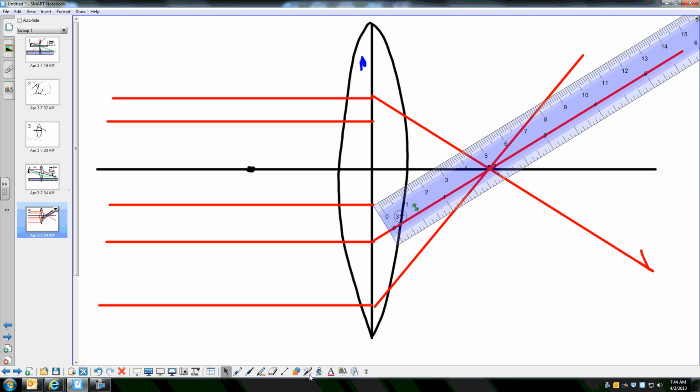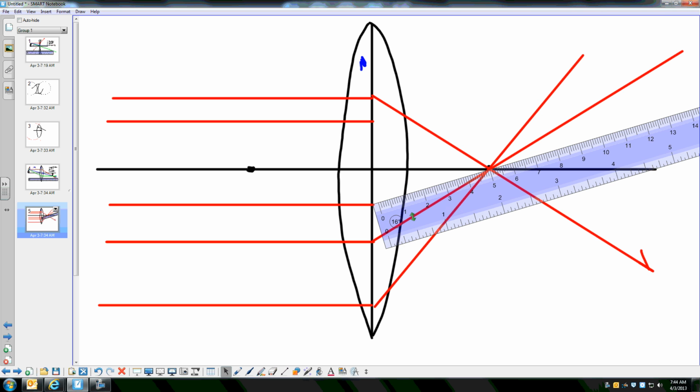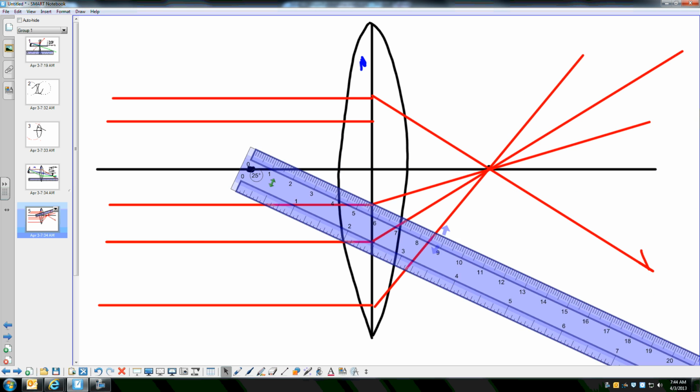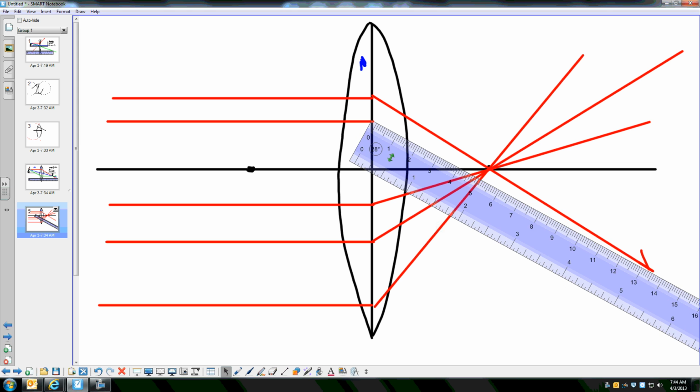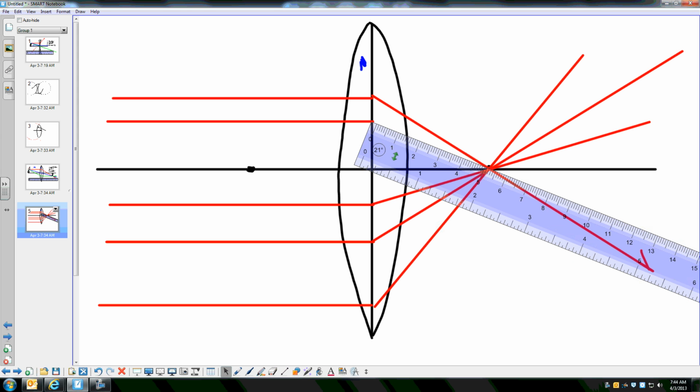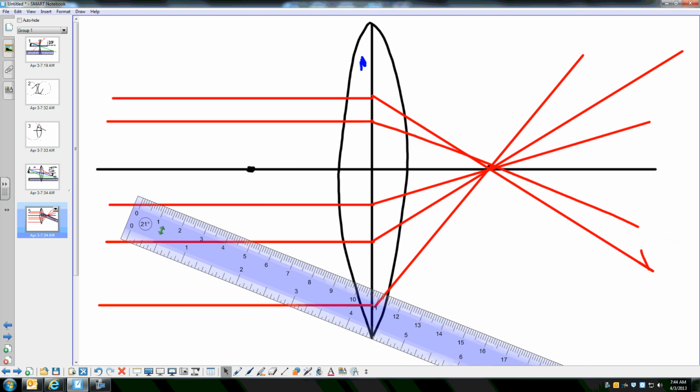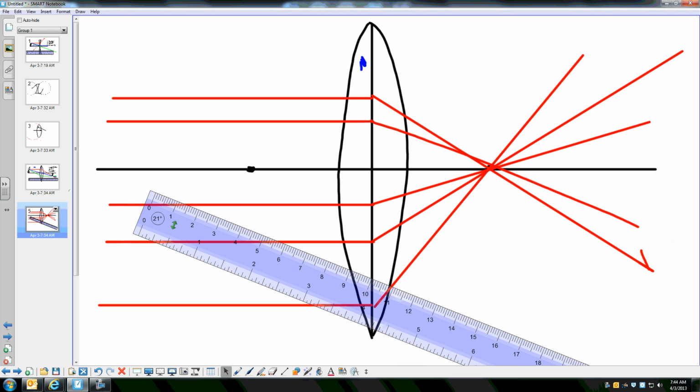Okay, are there any other questions about the diagrams? It basically acts like a digital straight edge. Okay, something like that. So that's why these create fire.